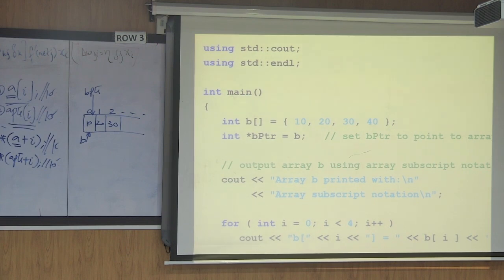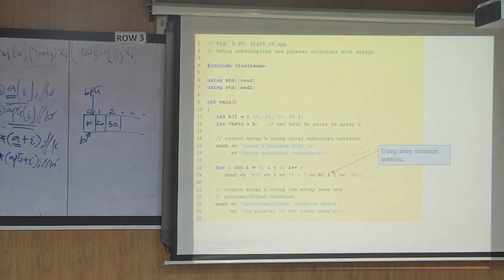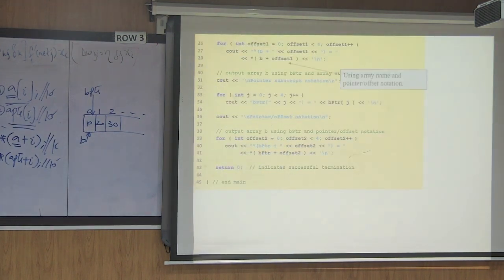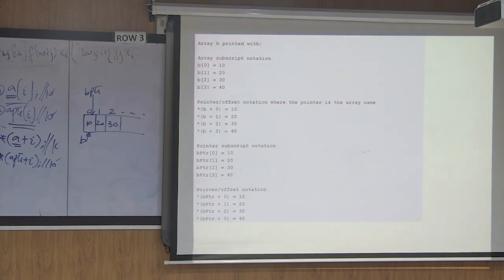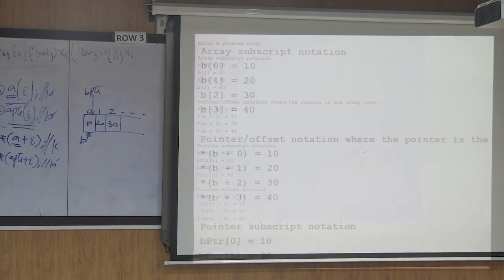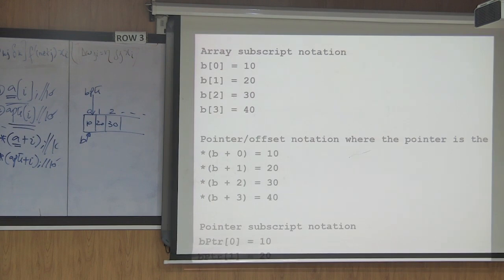At times it's very useful to display the output before actually understanding the code. So this is what we desire. Display the content using array subscript notation: B of 0, same notation, 10, 20, 30, 40.